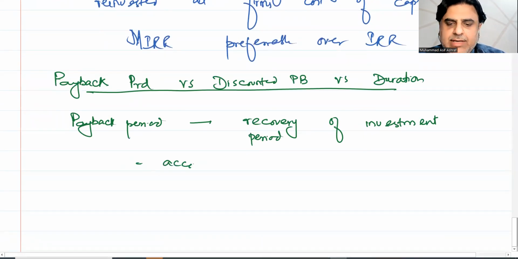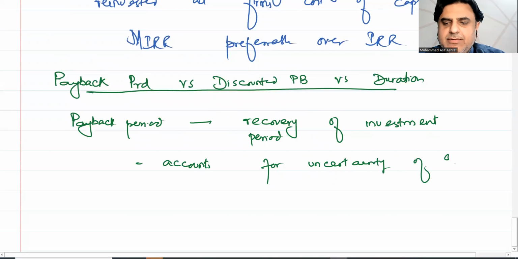It accounts for uncertainty, because in any uncertain environment, an investor will definitely go for projects whose payback period is less.